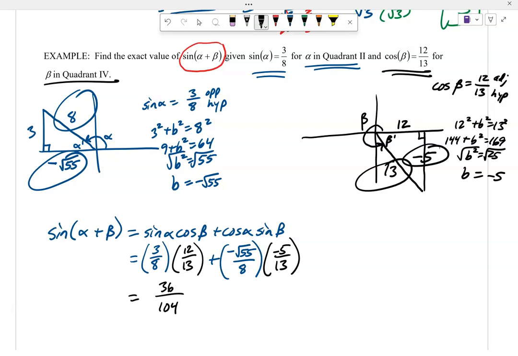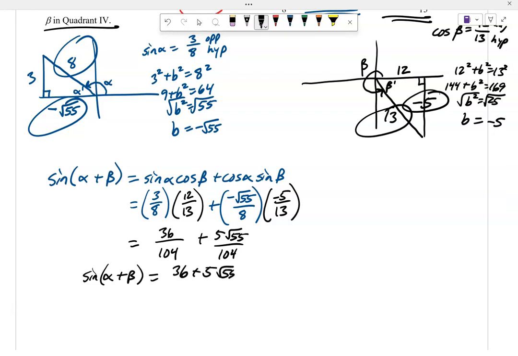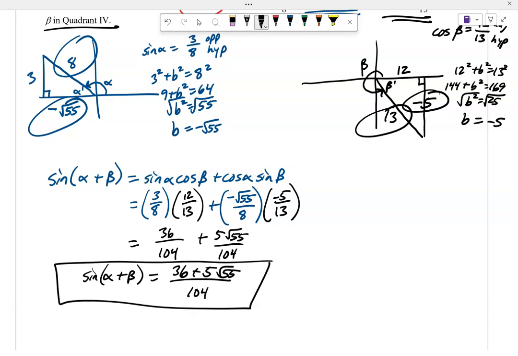Plus, negative times a negative, plus 5 root 55 over 104. And so sine of alpha plus beta is 36 plus 5 root 55 all over 104. So we have it in exact form with the information that we were given.